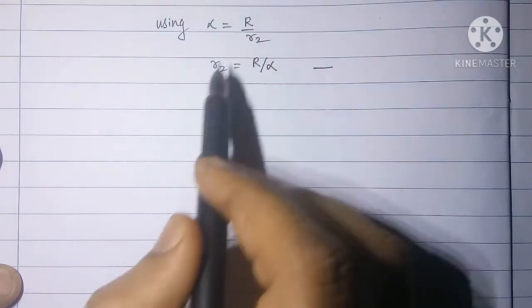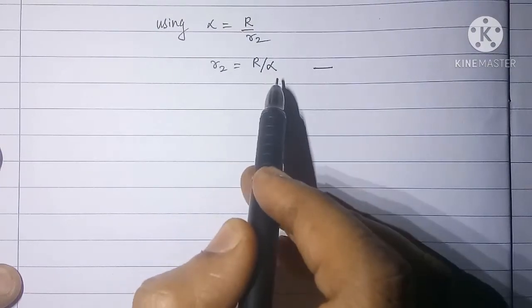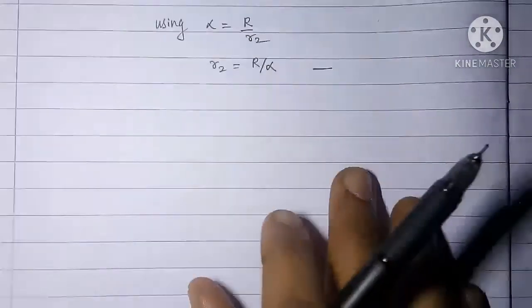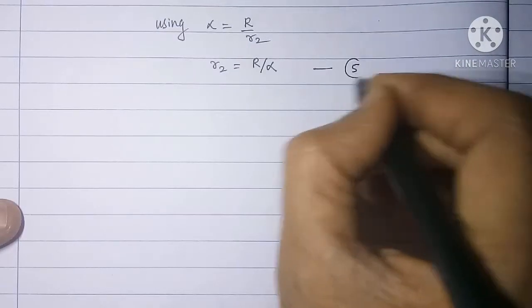Using alpha equal to R by R2, we can write R2 equal to capital R by alpha. Let us call this equation 5.